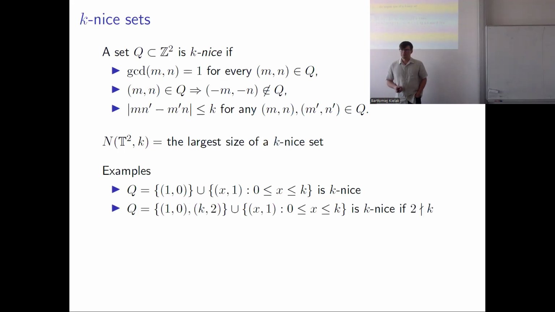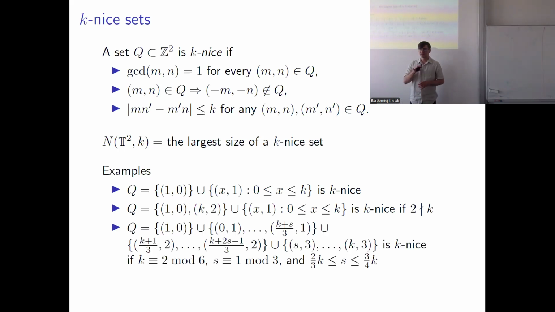We can do slightly better if we involve level 2. We can take the previous example and put one additional point, k2 specifically. But this construction only works if k is not divisible by 2, which is for the obvious reason that k and 2 have to be coprime. And if we involve level 3, then we can do something even better.